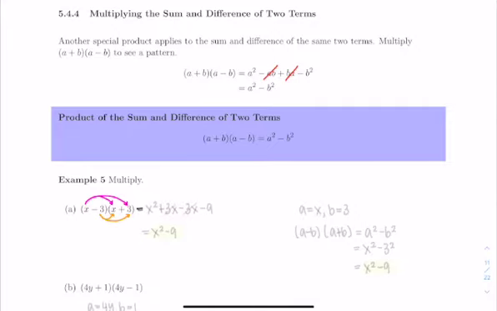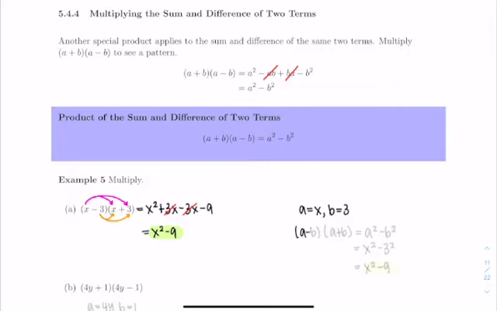And so x times x gives me x squared. We have plus 3x, minus 3x, and minus 9. And so our middle terms are going to cancel. And we end up with x squared minus 9. If I did it the other way, my a is x and my b is 3.